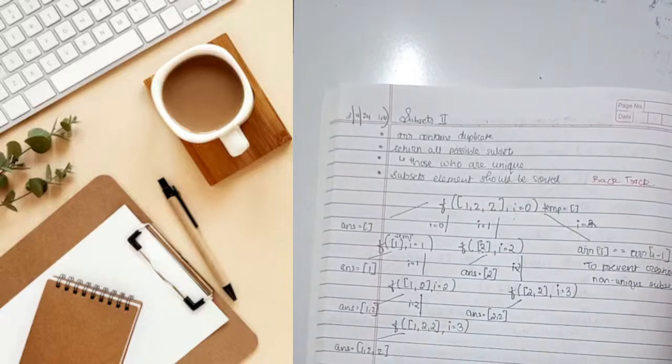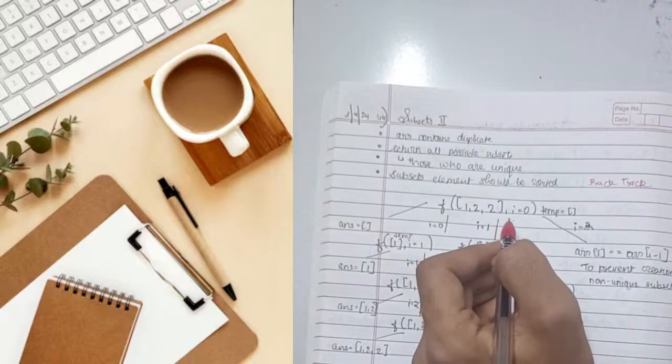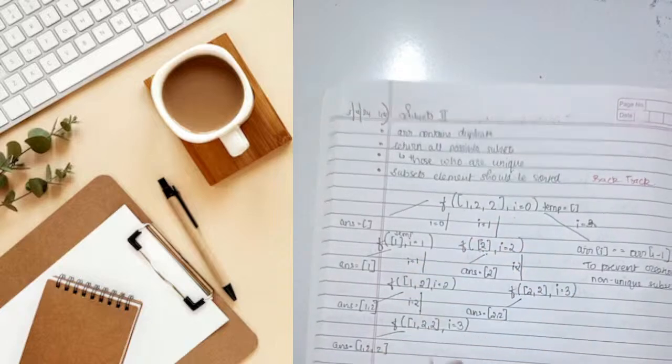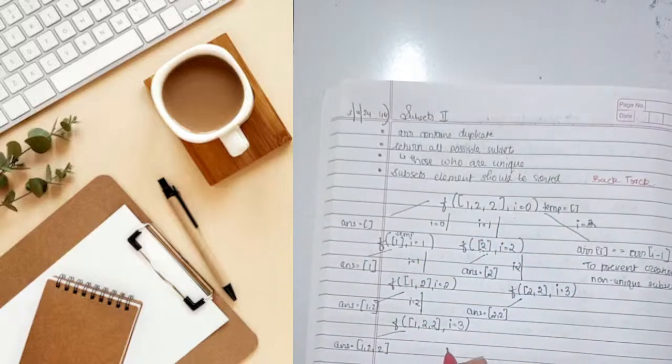Since our n was 3, 2 raised to n subsets will be created. So 2 into 2 is 4, 4 into 2 is 8. So 8 should be the answer, right?